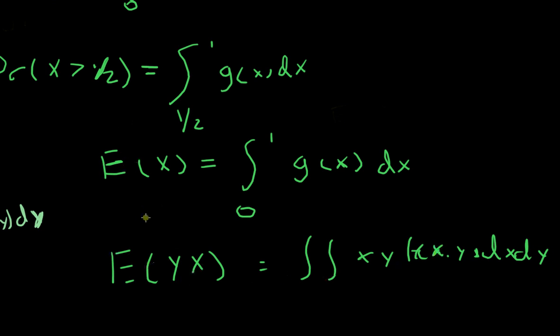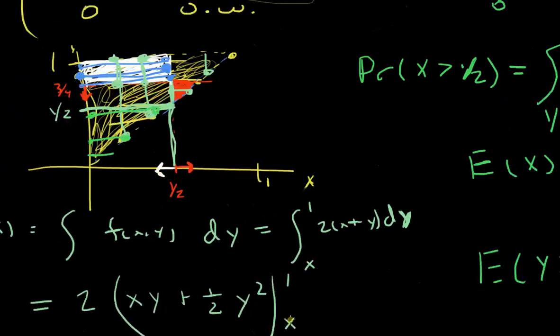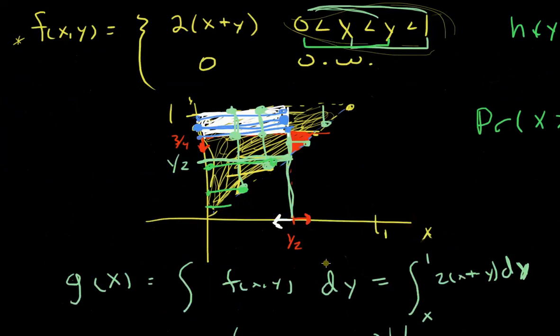So you should feel comfortable doing all of these things. You should also feel comfortable calculating a covariance and a standard deviation given a joint probability distribution function that's continuous. Okay, so say the question is find the variance of x, you should be able to do that. Find the variance of y, you should be able to do that. Find the covariance of x, y, you should be able to do that.